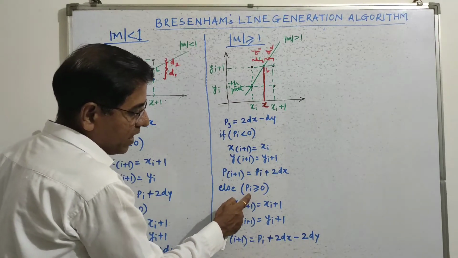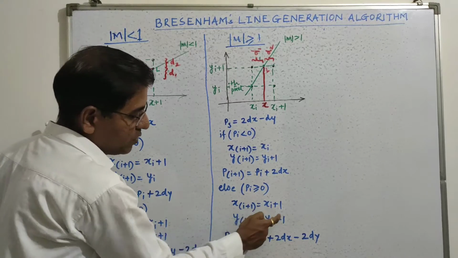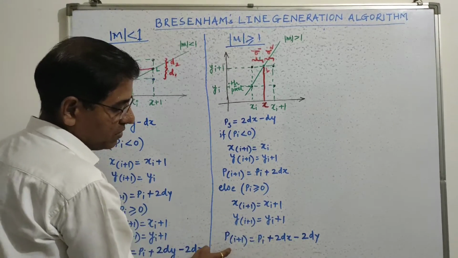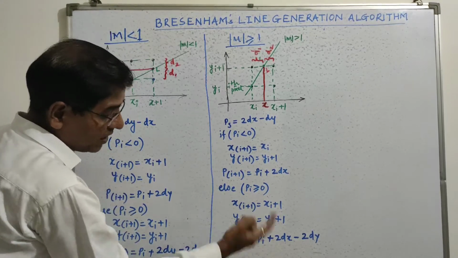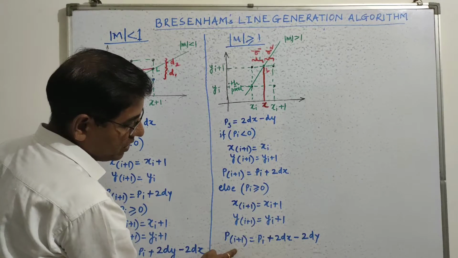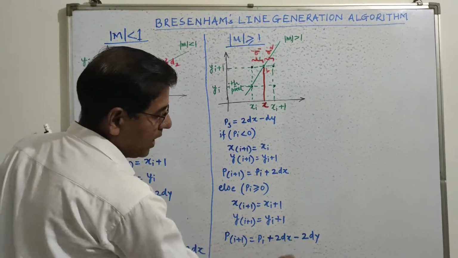For pi greater than or equal to 0, xi plus 1 is equal to xi plus 1, yi plus 1 is equal to yi plus 1, and the decision parameter for the next pixel is pi plus 1 is equal to pi plus 2 dx minus 2 dy.